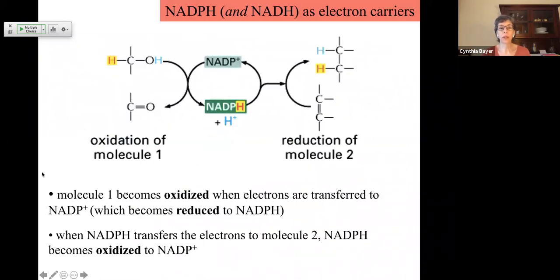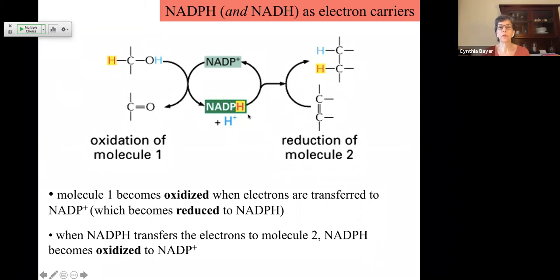Molecule 1 is oxidized when its electrons and its hydrogen atoms are transferred to the electron carrier, the oxidized form, and the electron carrier becomes reduced. It picks up 2 electrons and a proton, carrying it in the NADPH, and another proton from this original molecule is released into the solution.